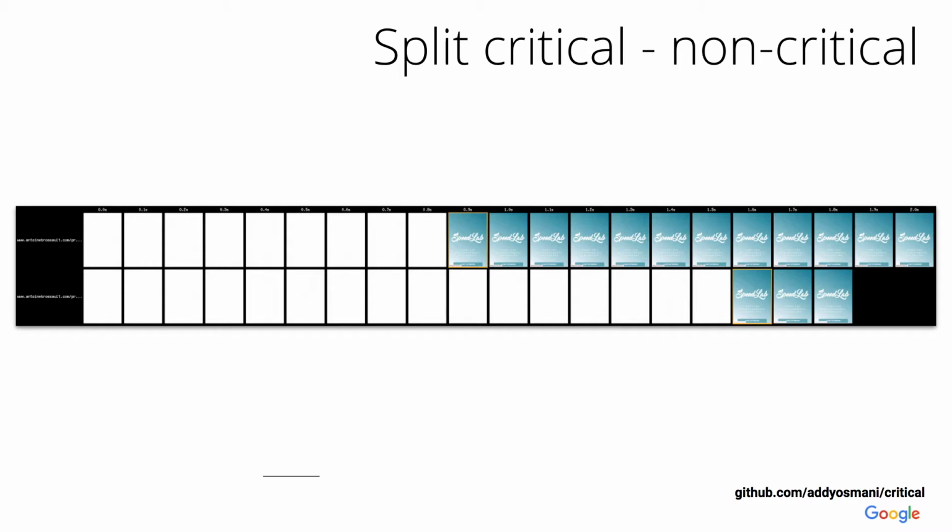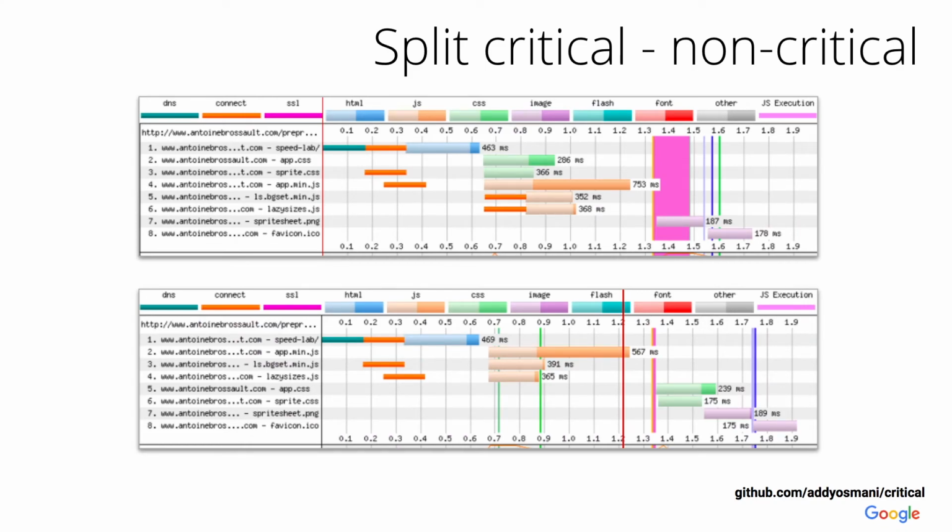It's a really cool technique, and as you can see here, it's the same page, one with the critical CSS and the other one without. Before, we had our two CSS files, the second request and the third request, the green bars.